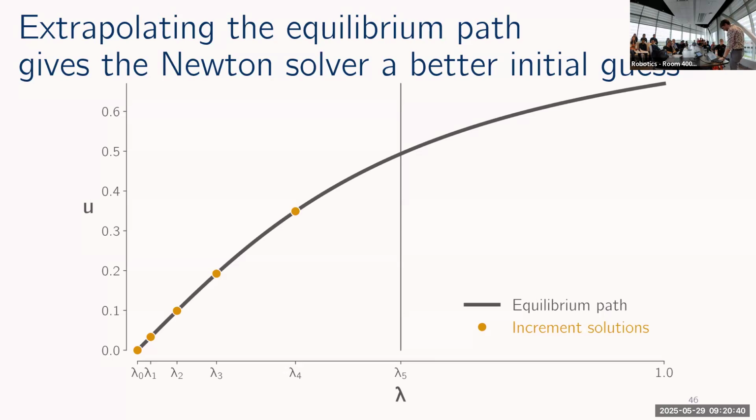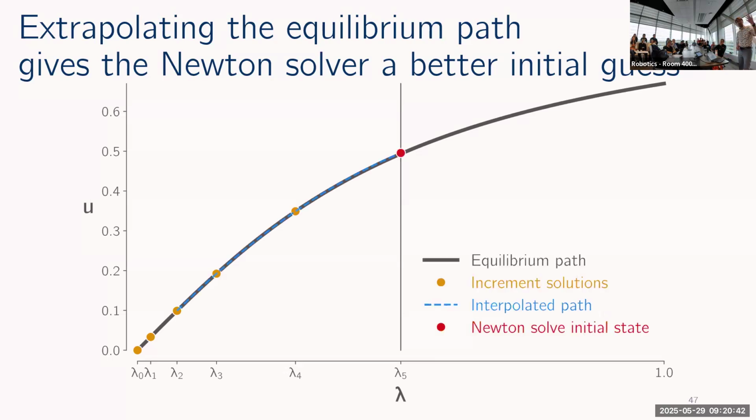But actually what I implemented is that I save the last, say, 3, 4, 5 points on the load path. I essentially do a polynomial fit and use that to extrapolate forward to the next load factor, and this gives the Newton solver a much better initial guess, which makes it hopefully converge faster.